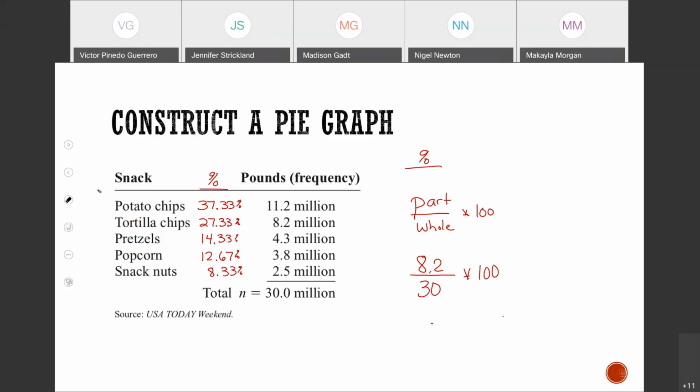Okay. All right, everybody's okay with that? Okay. All right, so then the other thing that we have to calculate, and I'll stick it over here, we have to calculate the degrees.